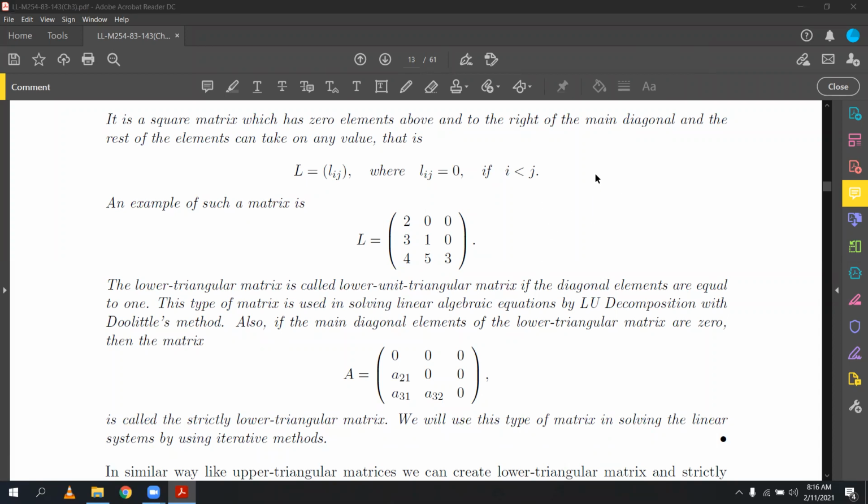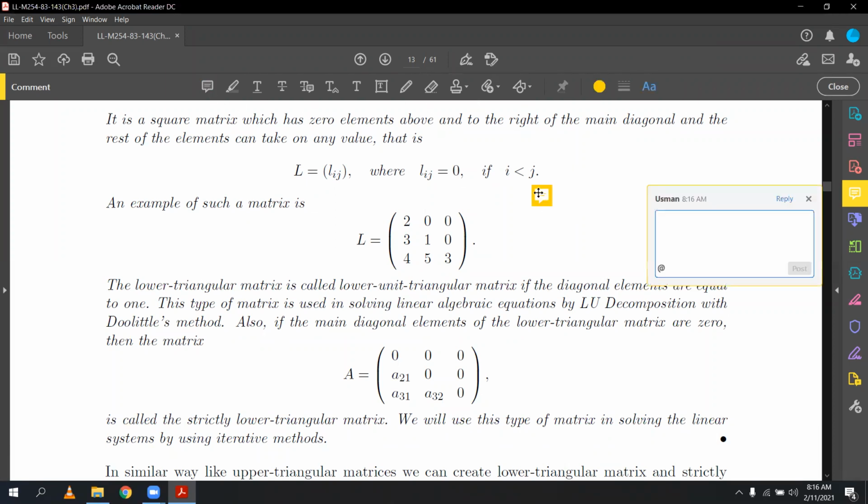I always call D the diagonal matrix, U the upper, and L the lower. You have a matrix D, the diagonal one, in the generalized case. What is the shape of this one? D11, 0, and 0.